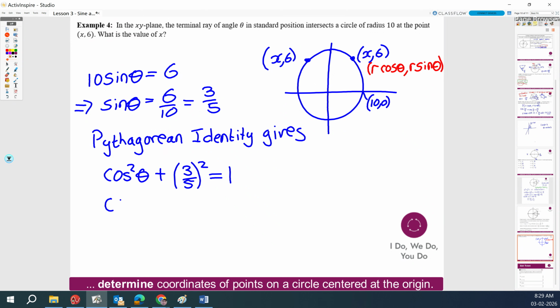Opening up our bracket, we get cos squared theta plus 9 over 25. The denominator is 25, so we change this 1 to be 25 over 25. Subtract the 9 from 25, gives us cos squared theta is equal to 16 over 25.